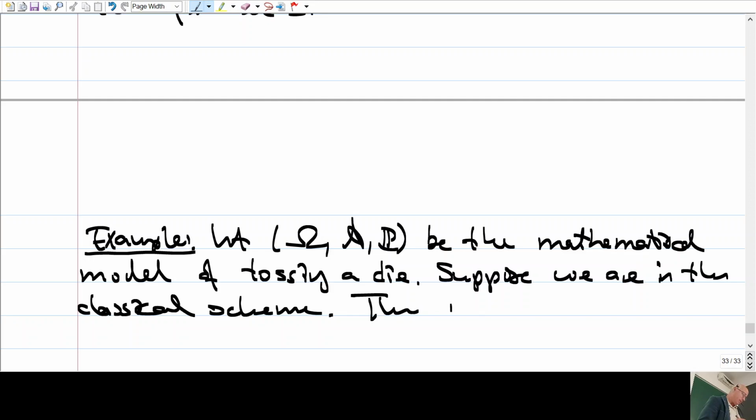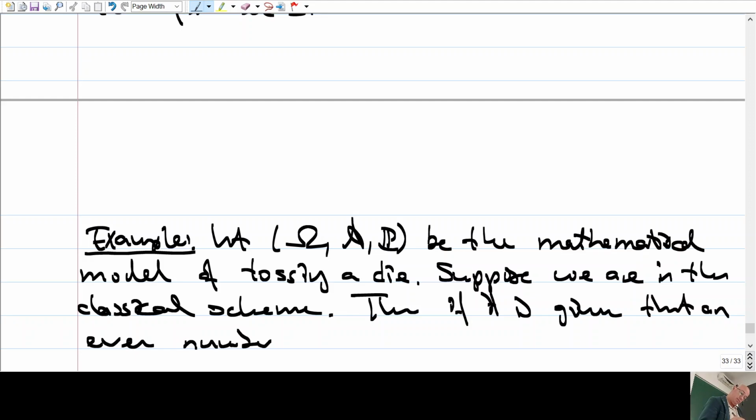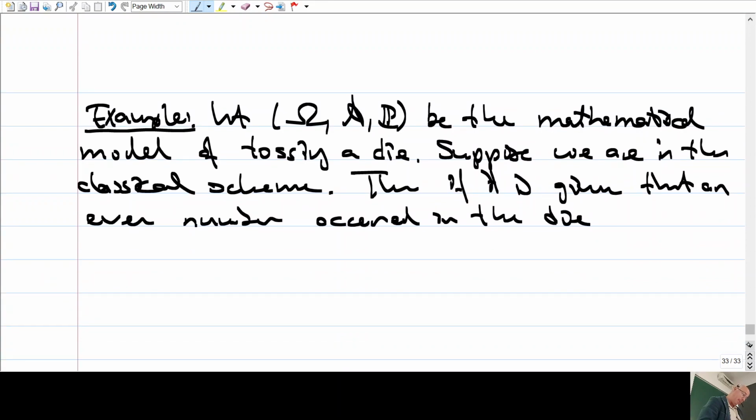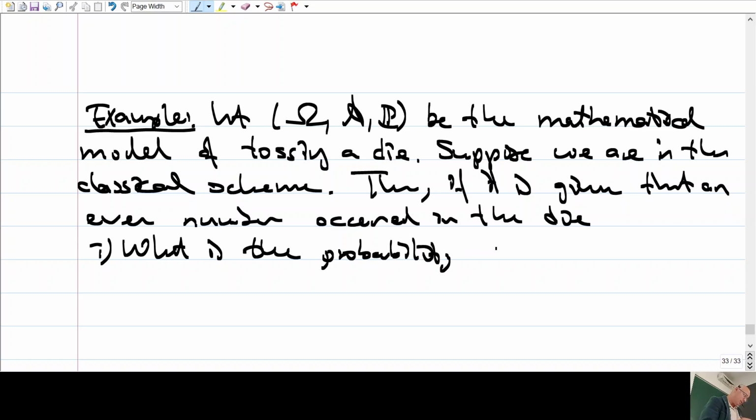Then if it is given that an even number occurred on the die, what is the probability to have a 6?